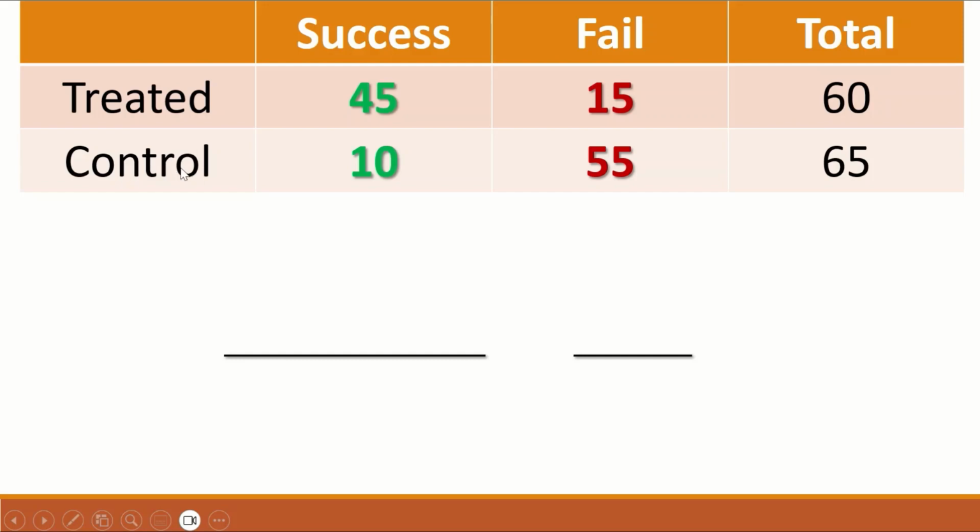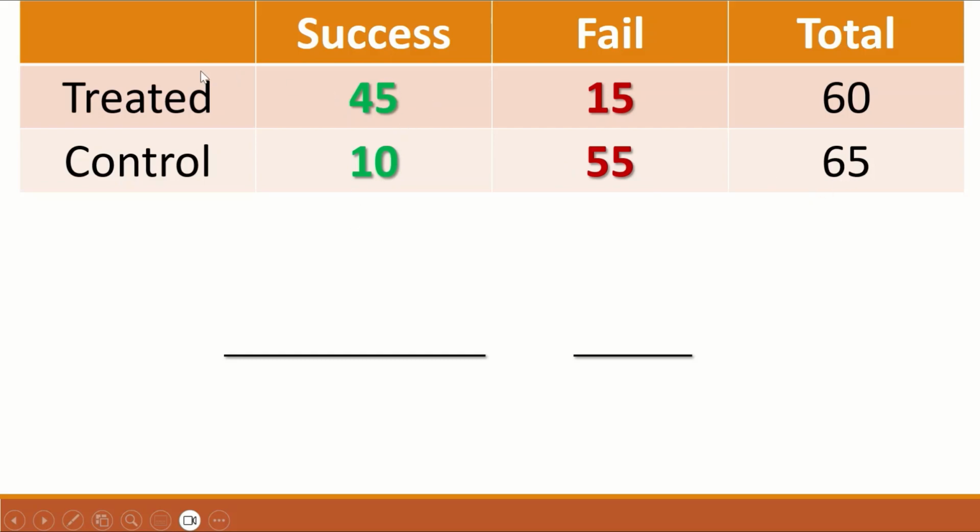For the control, there was no drug or treatment introduced, and 10 individuals had recovered from the disease or the condition, and 55 failed to recover. The total number of participants was 65.